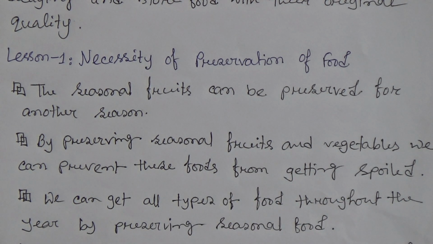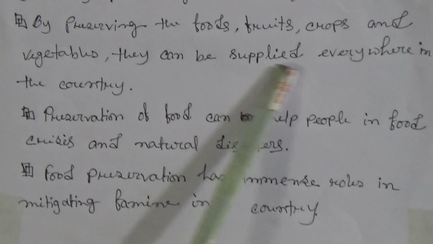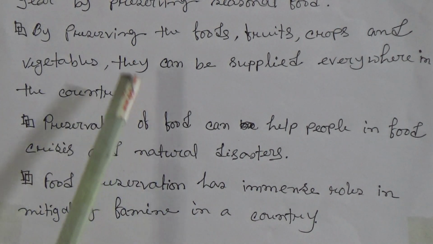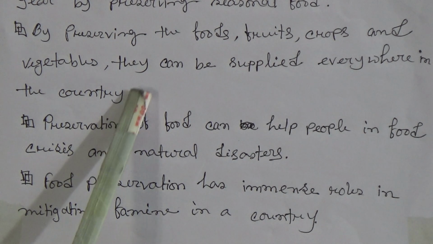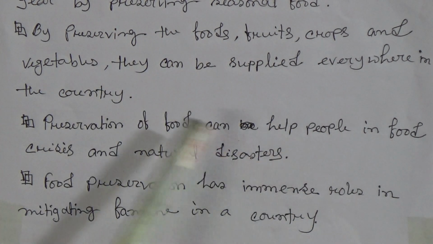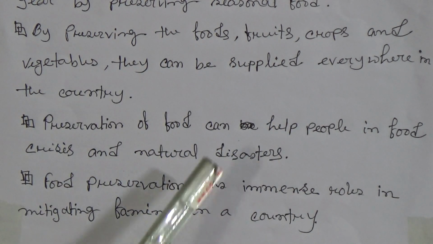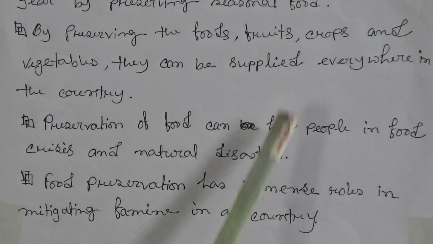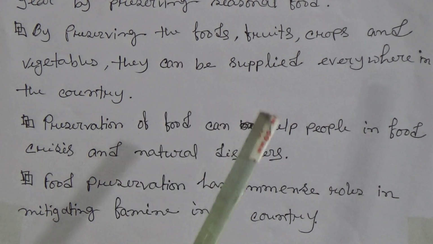By preserving the fruits, crops and vegetables, they can be supplied everywhere in the country. Students, we know that all the fruits, crops and vegetables are not grown in the same area.